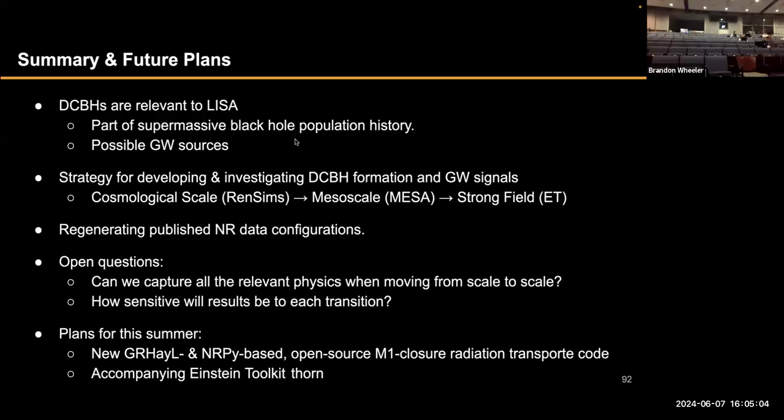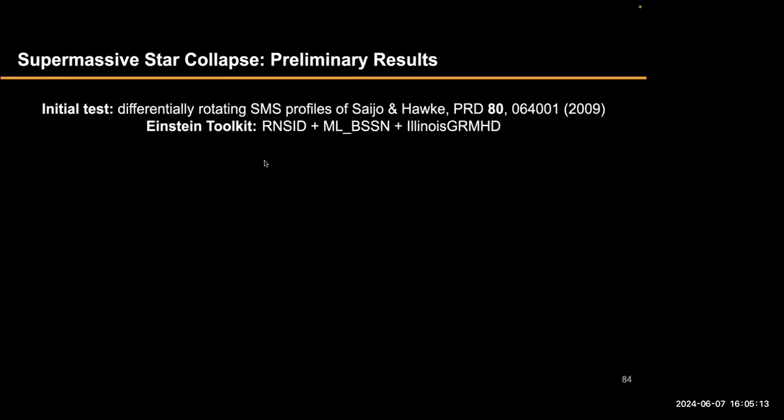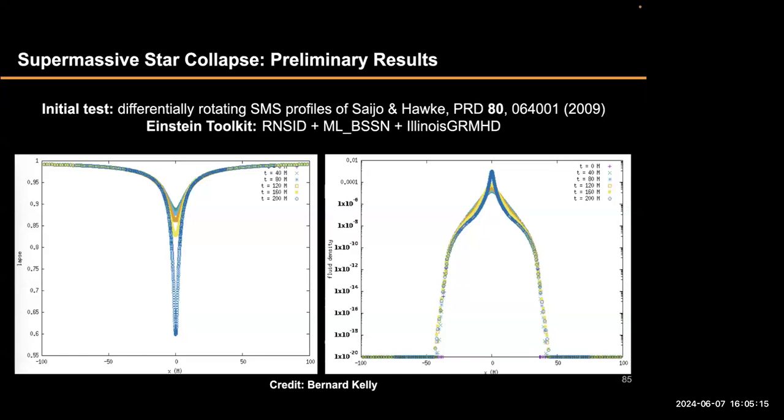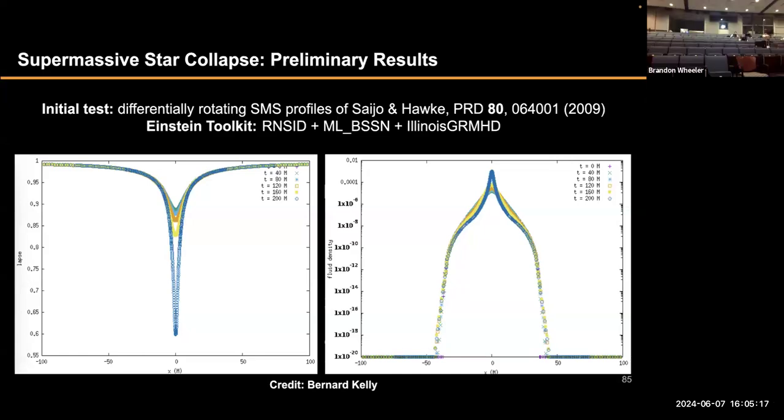Yeah, another question. Could you go back to the slide with the flaps in the fluid? Yes. This looks like the fluid is symmetric across the axis, and you have a rotating black hole. So is this a symmetric space-time?